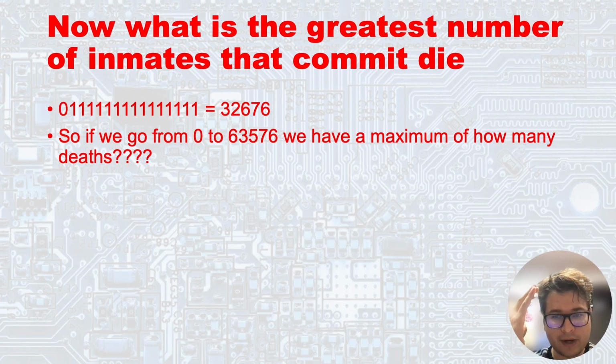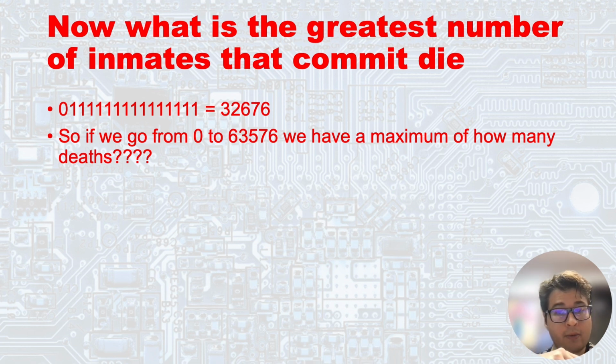Okay, so now we have to address the elephant in the room. What is the greatest number of inmates that could die? Now, if you use the range from 0 to 63,576, how many inmates could die?